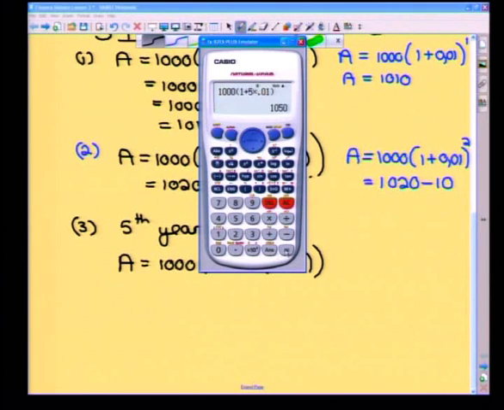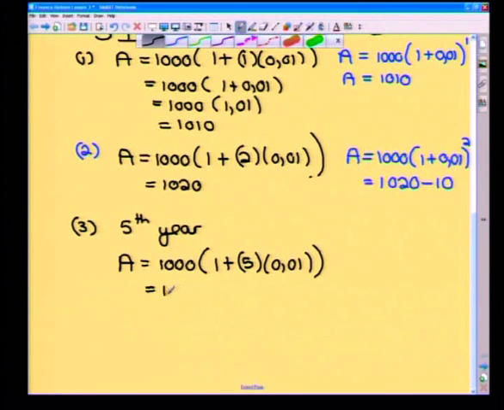And that's going to give me the answer 1,050. So I think you can see here quite clearly that it was 10 Rand more, 10 Rand more, and it would keep on going. So 3rd year it will have 10 Rand more, 4th year 10 Rand more, 5th year another 10 Rand, making it 1,050 Rand. So as you can see, it's a constant rate of interest.